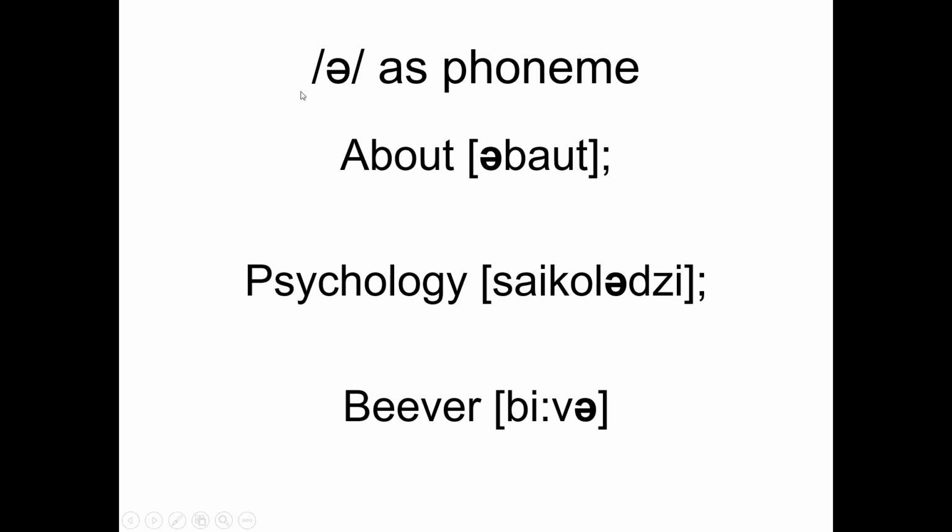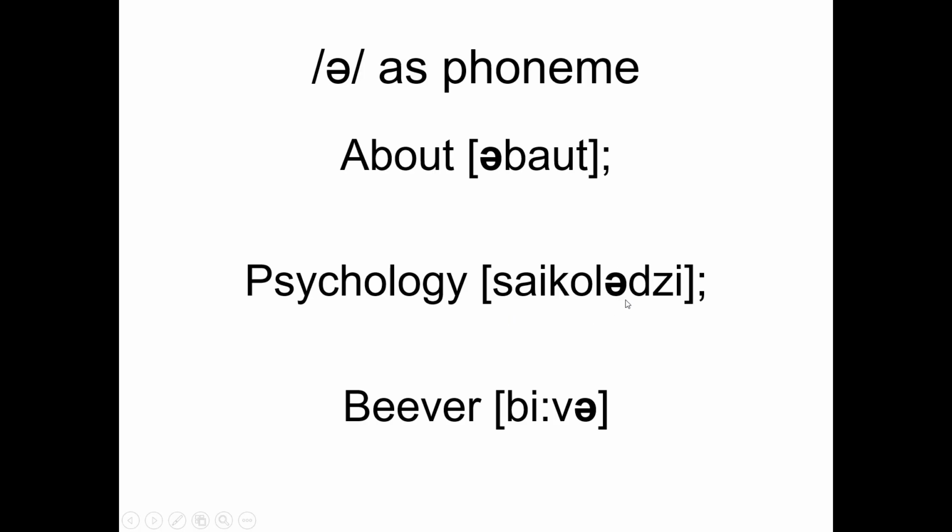And let's keep talking about schwa, the mid-central vowel. In the first case, about, the schwa is just a part of a word. And look at the second one, psychology, schwa.